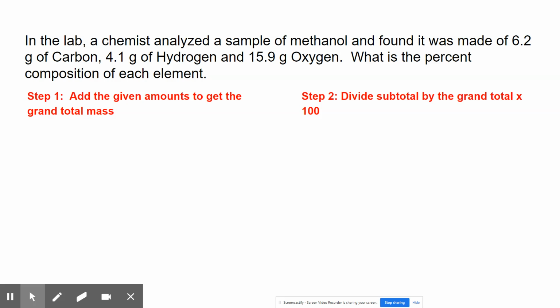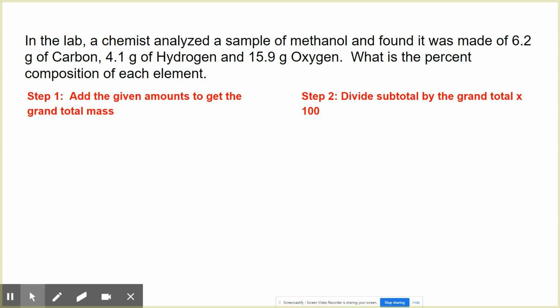All right. Very good. In the lab, a chemist analyzed a sample of methanol and found it was made out of 6.2 grams of carbon, 4.1 grams of hydrogen, and 15.9 grams of oxygen. What is the percent composition of each element? So again, there's no formula, so we just treat the given amounts as our subtotal.